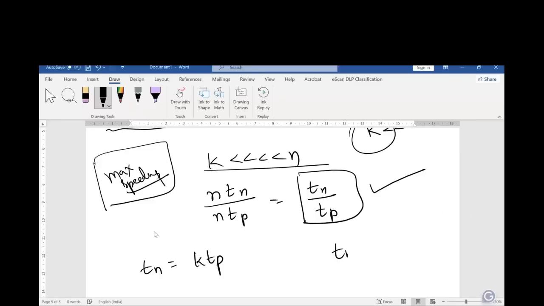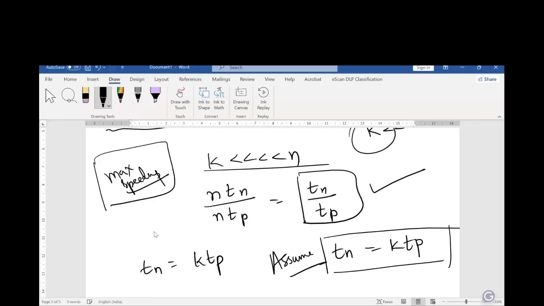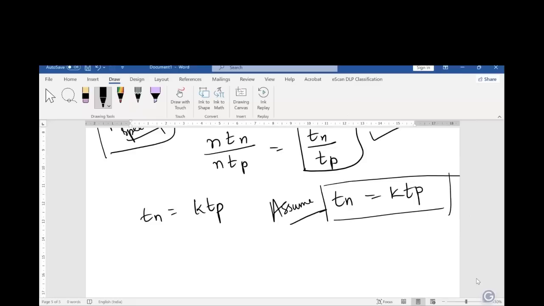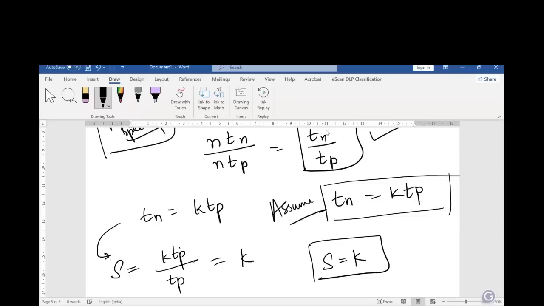If Tn is the same as k Tp, then in this case theoretically the speed up ratio is Tn upon Tp. My Tn is k Tp upon Tp, which is equal to k. So the theoretical speed up ratio is k, where we assume that Tn is equal to k Tp.